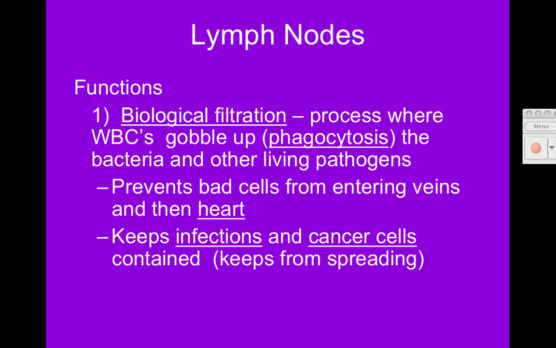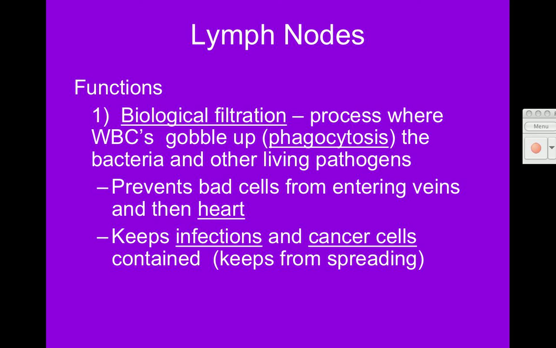And this is why when people have a biopsy done or a tumor removal or a lump removal done that is cancerous, usually the doctor also takes some lymph nodes from that particular area. What they're doing is they're going to take apart those lymph nodes and see if there's any cancer cells.